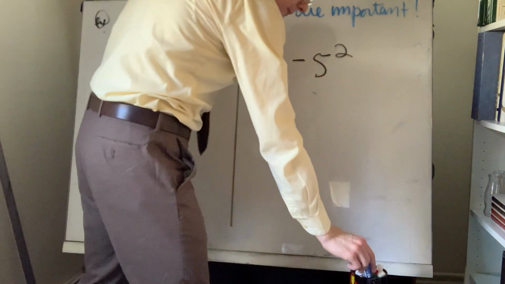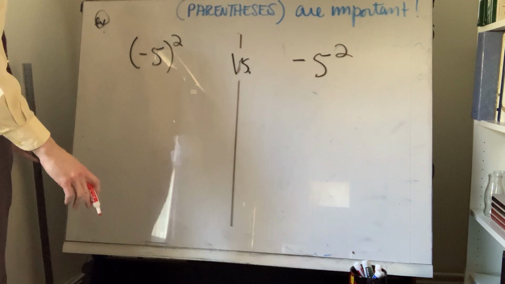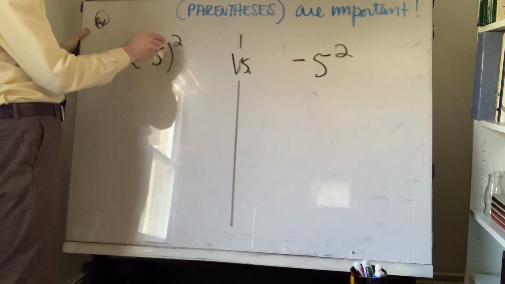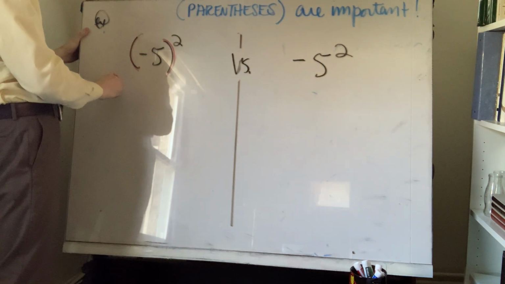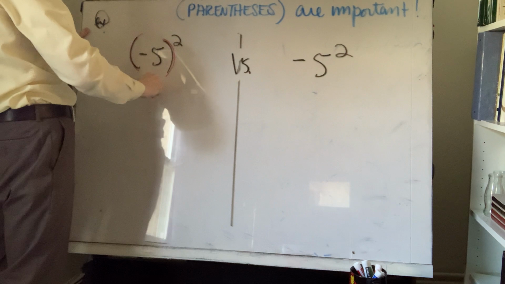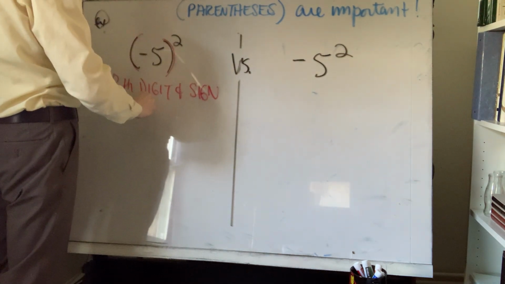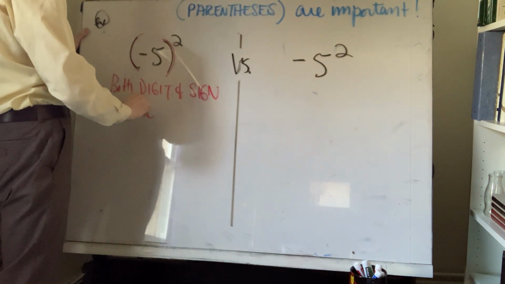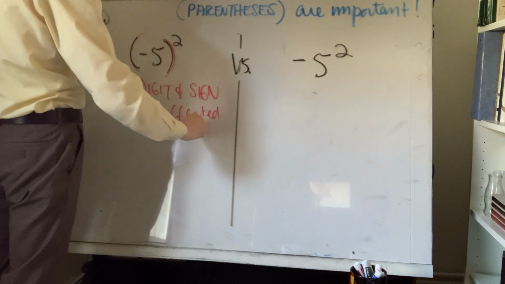Okay, now here's what would happen. If we follow the instructions rigidly as we should, in math world, this being encapsulated is suggesting that both the digit and the sign are affected by 2.